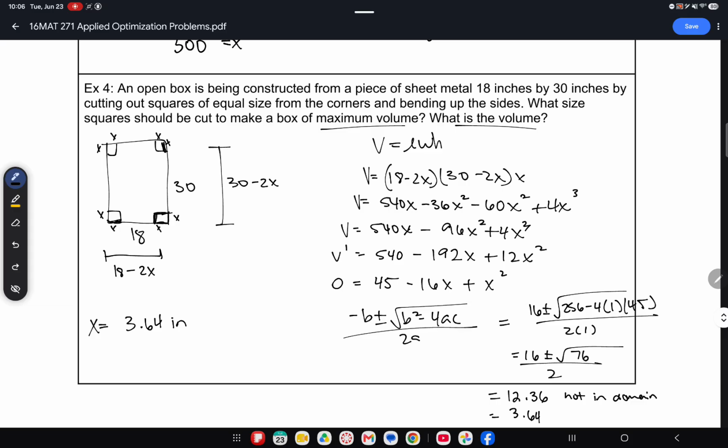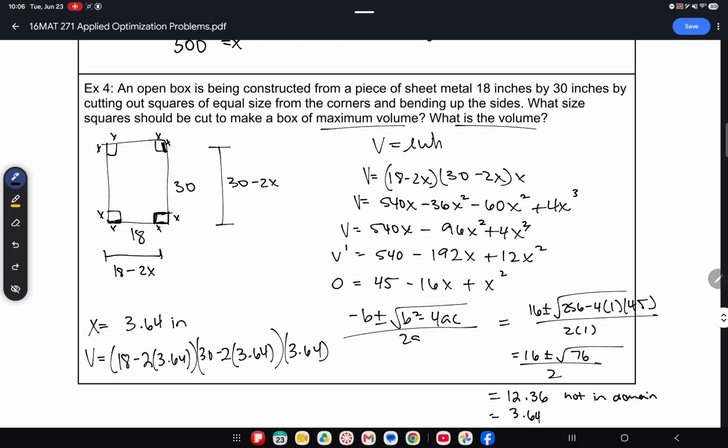And volume is back to this one here. So volume is 18 minus 2 times 3.64 times 30 minus 2 times 3.64 and then times 3.64. Let's see. I think I can do that all in the calculator.